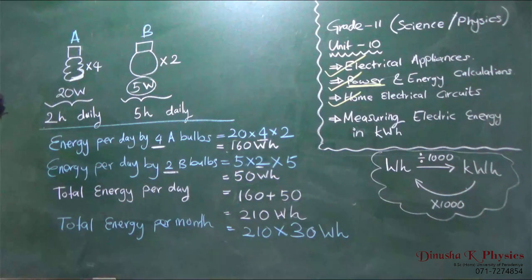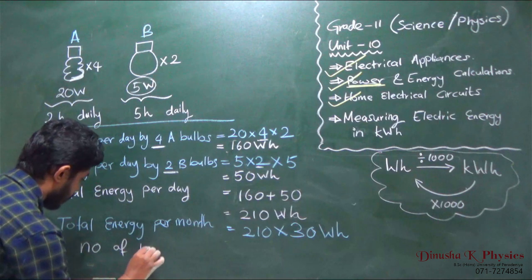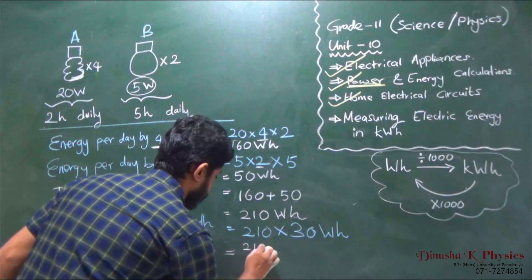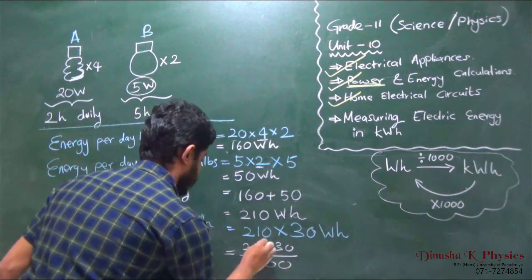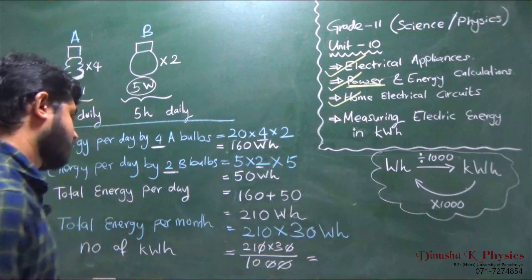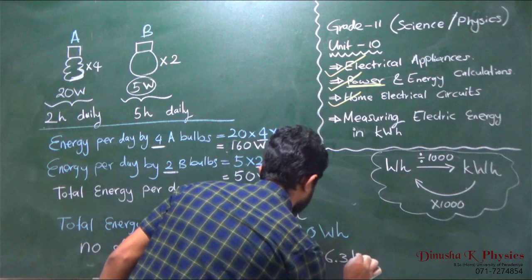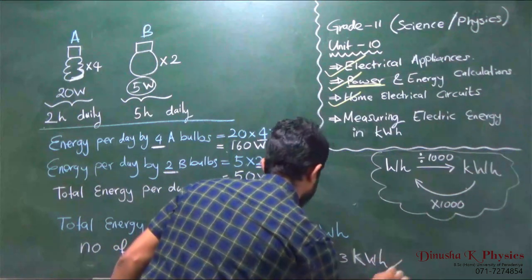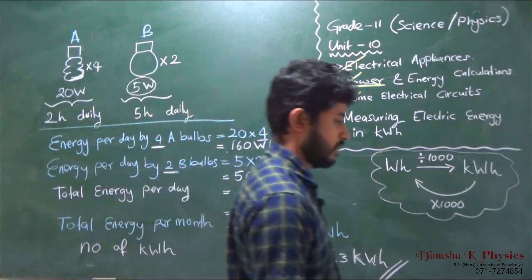To convert this into kilowatt hours, මොකද කරන්න ඕනේ? මෙන්න මේක must be divided by 1000. So it will be 6.3 kilowatt hours.